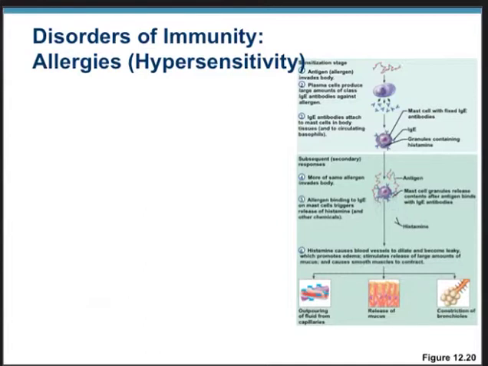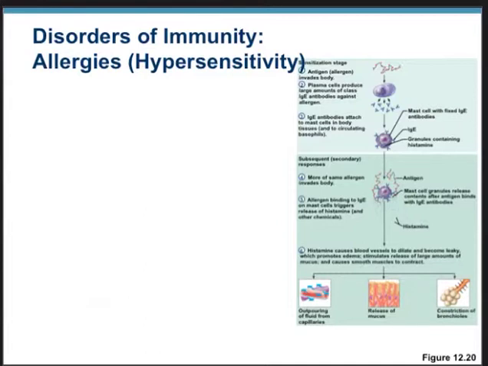Reactions begin within seconds of contact with the allergen, and it can lead, in extreme cases, to a condition called anaphylactic shock, which is a dangerous systemic response to the allergen that can result in a massive drop in blood pressure, resulting in possibly coma and death.